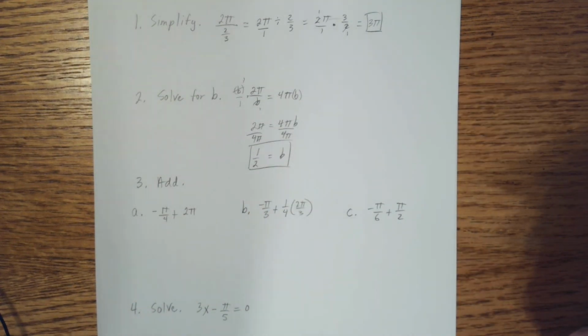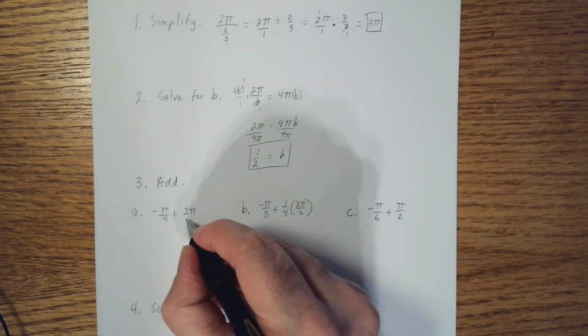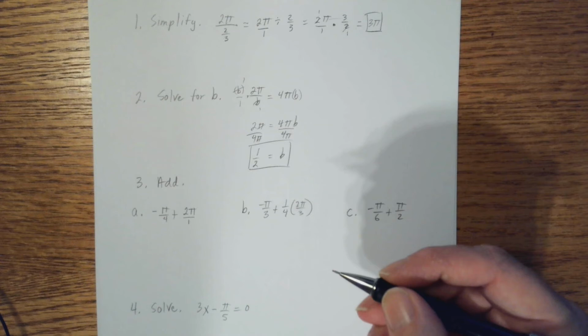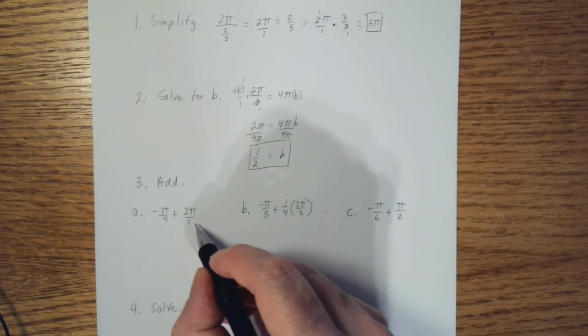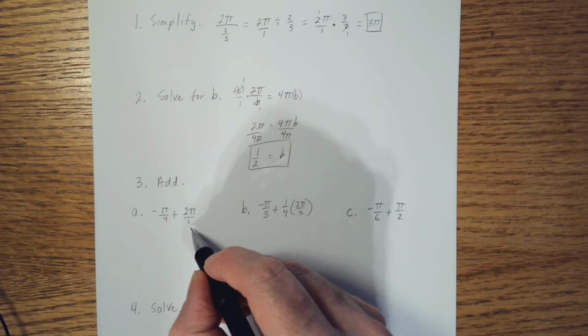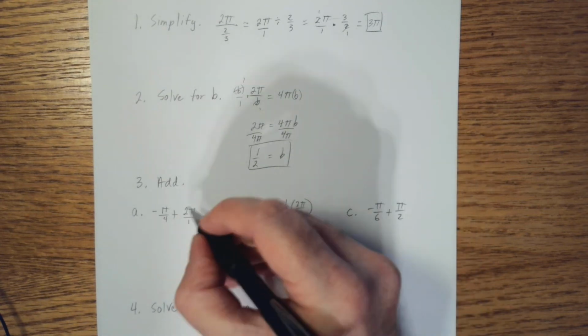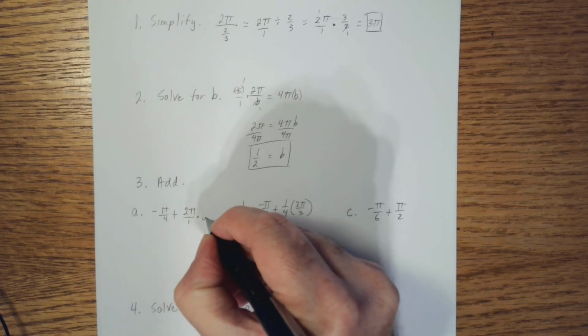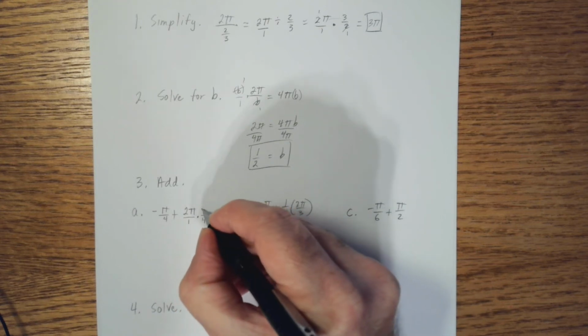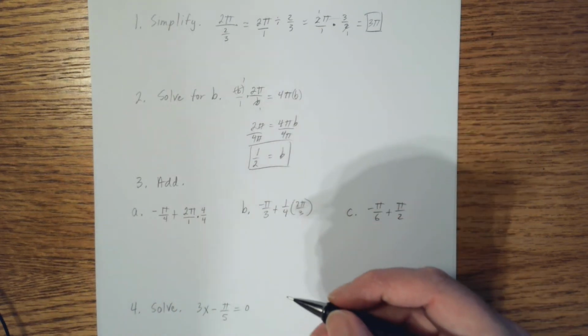All right, on number 3, and in all these problems, you're going to need to get a common denominator. So I want to write this as 2 pi over 1, and I want to rewrite 2 pi over 1 as a fraction that's equivalent to 2 pi, but has a denominator of 4. The way we do that is we multiply the denominator by 4, so we'll do the same thing to the numerator.